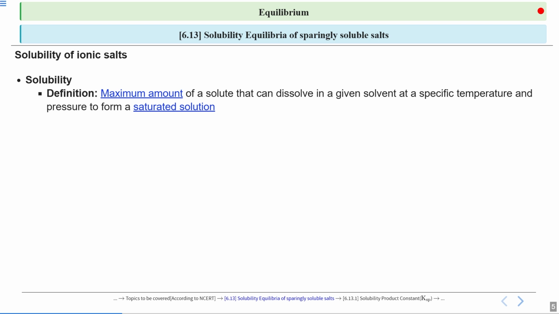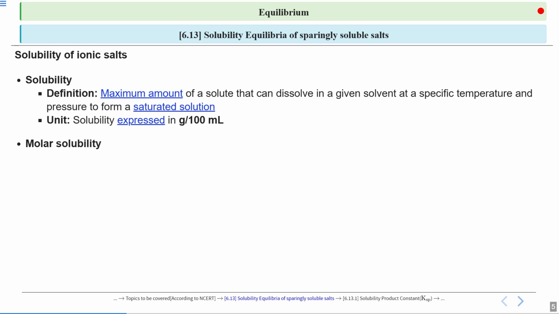You should fix the temperature first of all, and once you make a saturated solution, the amount of solute that you have dissolved in a given solvent will be called solubility. Its unit is gram per 100 ml. So basically you are taking 100 ml of solvent and calculating the amount of solute in terms of gram. So this is your unit for solubility.